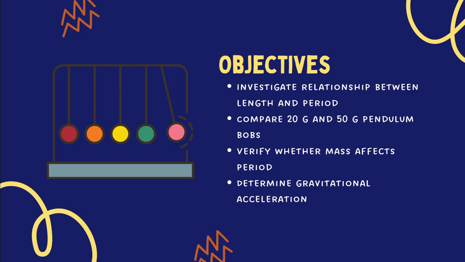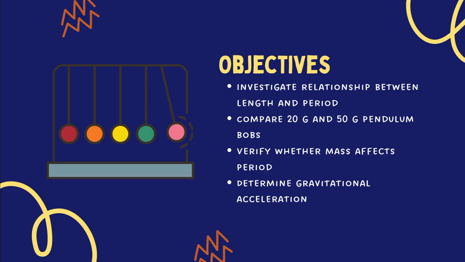The main aim of this experiment was to investigate the relationship between the length of a simple pendulum and its period of oscillation. To achieve this aim, several objectives were established. The first objective was to investigate how the pendulum length influences the oscillation period. The second objective was to compare oscillation periods using pendulum bobs with masses of 20 grams and 50 grams.